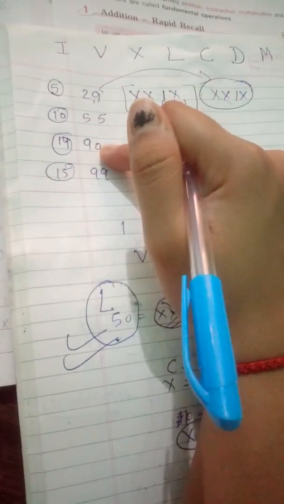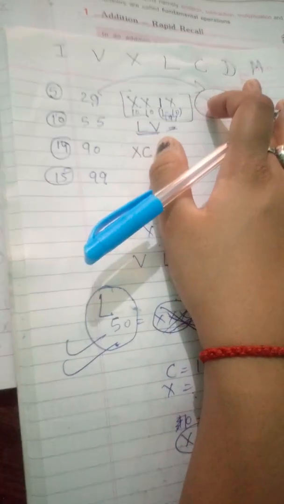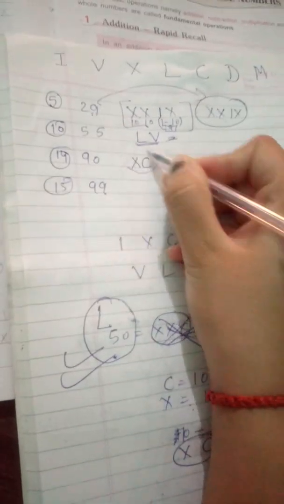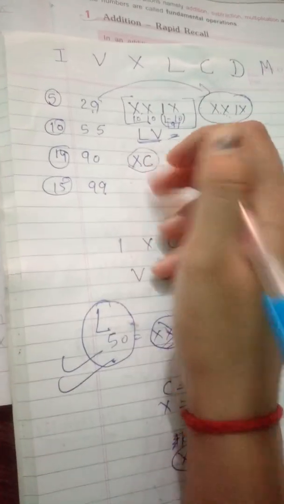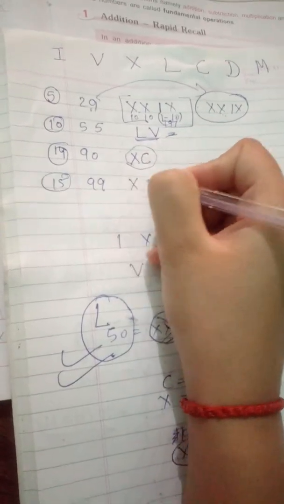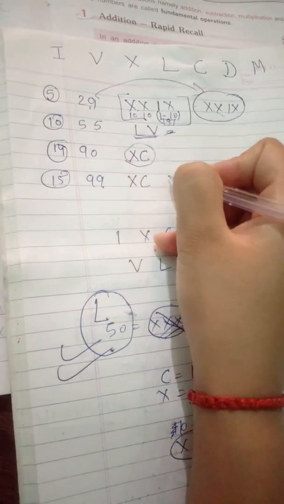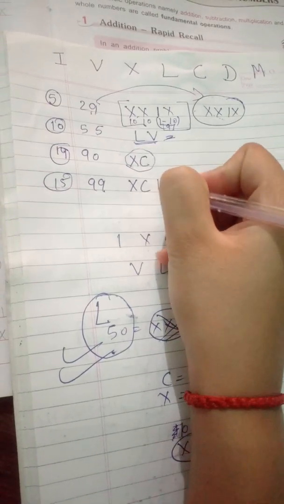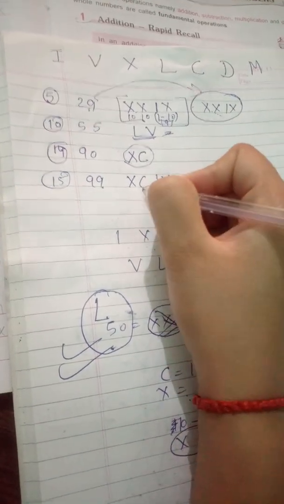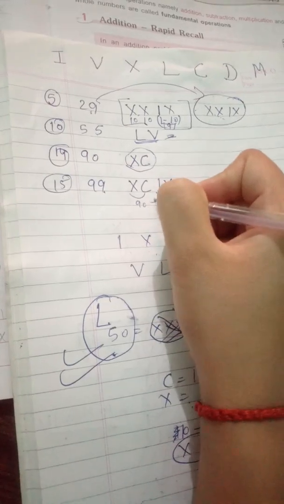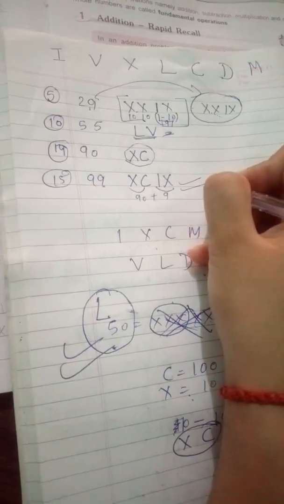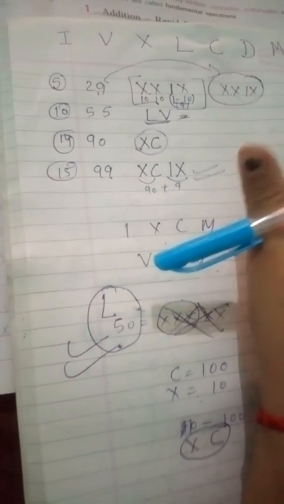It will become 90. Now how will I write 99? See, this is automatically given here. XC is 90, and how do we write 9? This is 10 and 1 less than 10 is 9. This is 90 and this is 9. It will become 99. This is how we have to do all such kinds of questions.